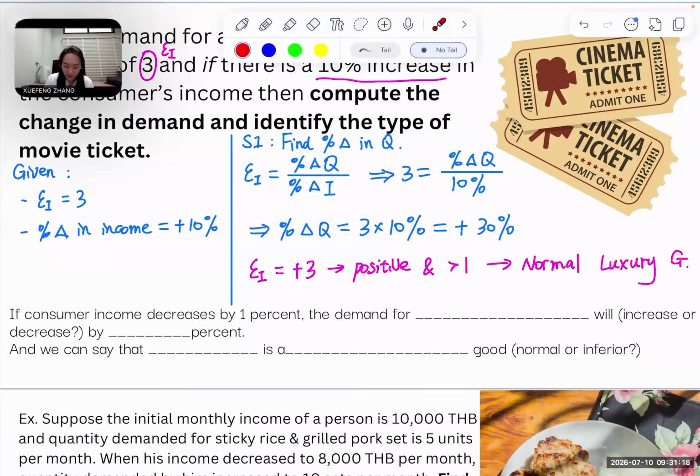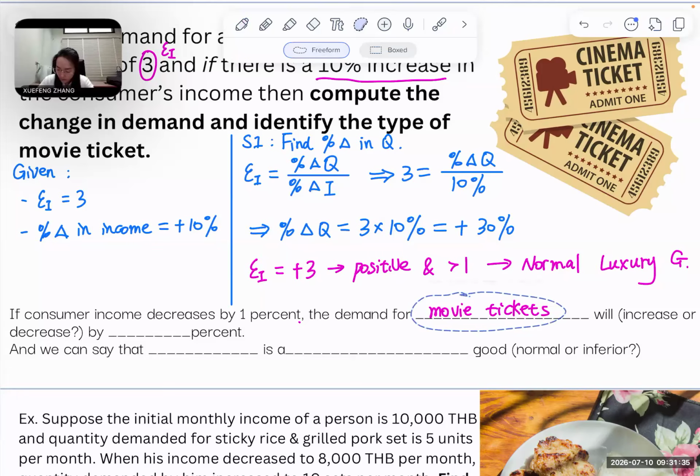So continue, if consumer income decreases by 1%, the demand for movie tickets will increase or decrease?